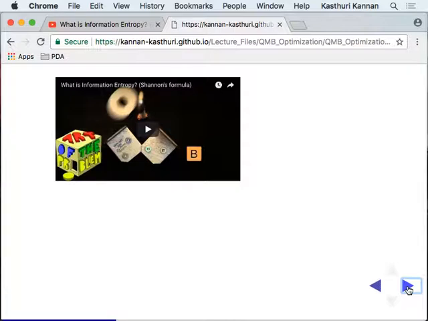Now, which machine is producing more information? Claude Shannon cleverly rephrased the question. If you had to predict the next symbol from each machine, what is the minimum number of yes or no questions you would expect to ask?